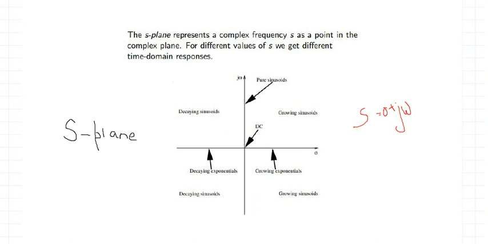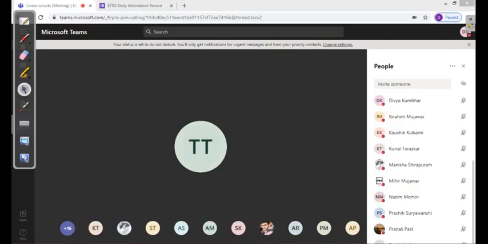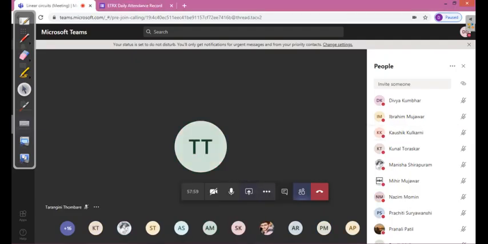So summarizing the discussion here, given any signal, you can express that signal in a complex form, and that complex form has a representation of sigma and a complex frequency omega, where sigma is the term that controls the magnitude of the signal and omega tells you about the angular frequencies in the signal. So this is all about the concept of complex frequencies.